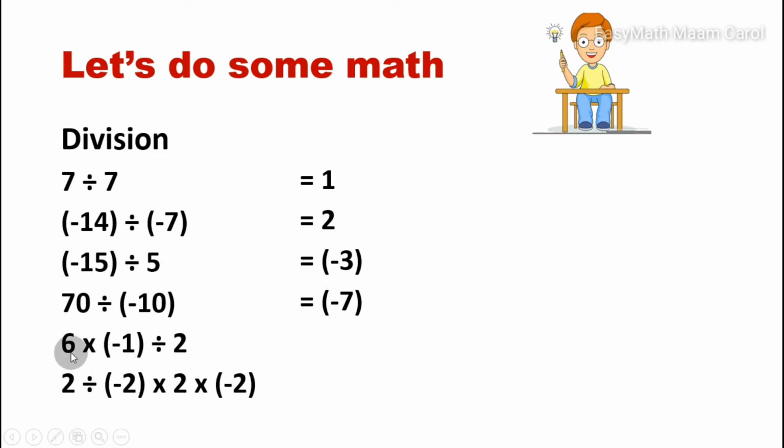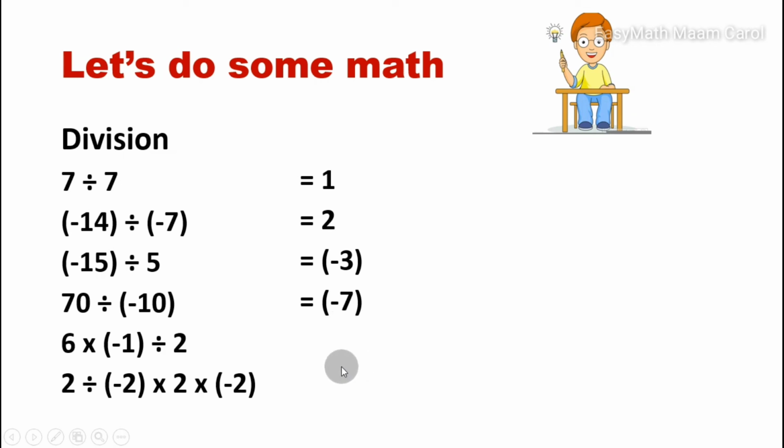So we'll do the operations from left to right. Take note, our operation first is about absolute values so that we can get the answer. 6 times 1 is 6. And then 6 divided by 2 is 3. So we have the final answer here as 3.